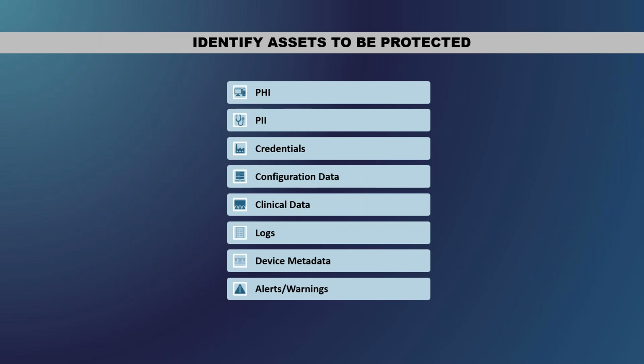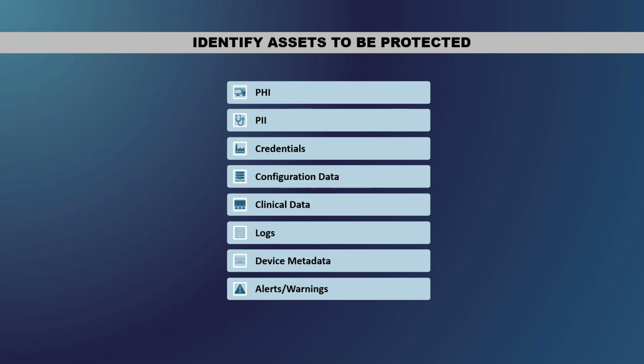First off, assets to be protected. These are various data points to be protected. PHI, which includes information about health status, healthcare payments, or the healthcare system it's linked to; personally identifiable information, so any information about that individual, such as birth date, social security number, and patient identity; and any credentials needed to log in, such as usernames, passwords, and tokens.